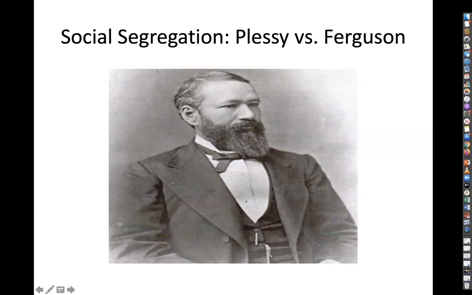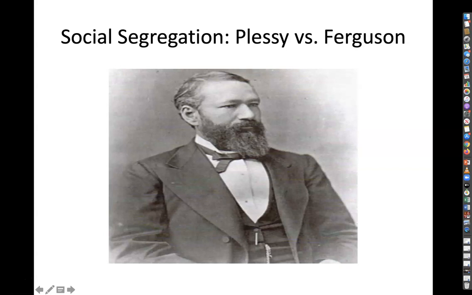Okay? Equal, right? Equal conditions. So, this is the Supreme Court's decision. Let me remind you, it's usually the case that those who are appointed are considered some of the brightest legal minds in our nation.